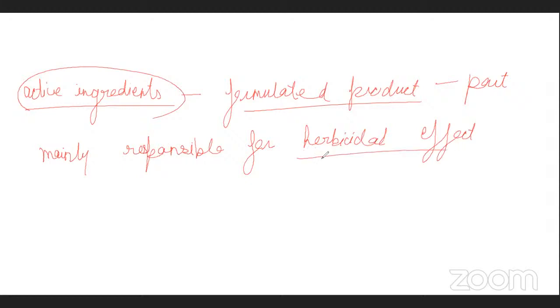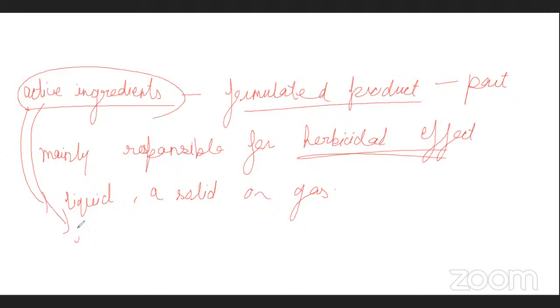Means the main part of any formulation or herbicide which has the toxicity in it, which shows the herbicidal effect. This active ingredient may be a liquid, a solid, or gas. Usually this active ingredient cannot be used for weed control without further processing into a suitable formulation. Means this active ingredient has to be formulated so that it will be able to control the weeds.